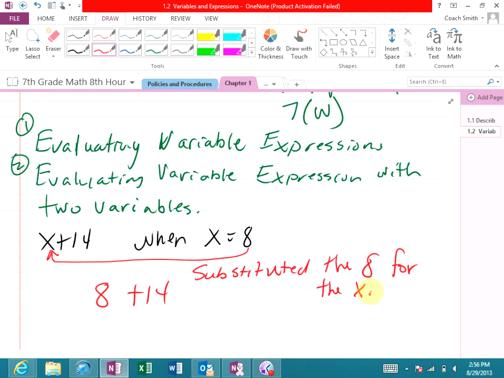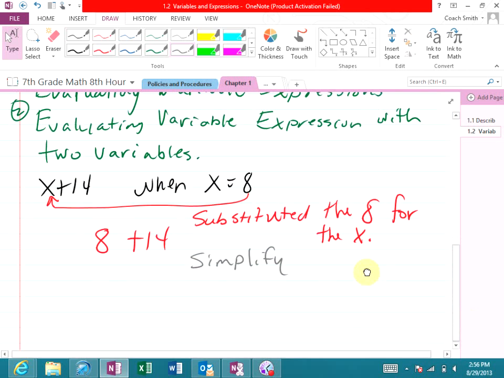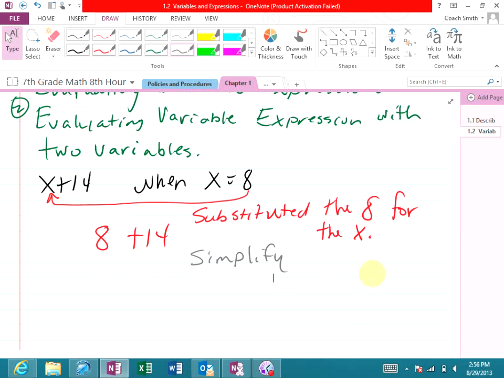Okay, now we need to simplify 8 plus 14. Well, obviously, what is 8 plus 14? 22. So my answer is 22. Okay?